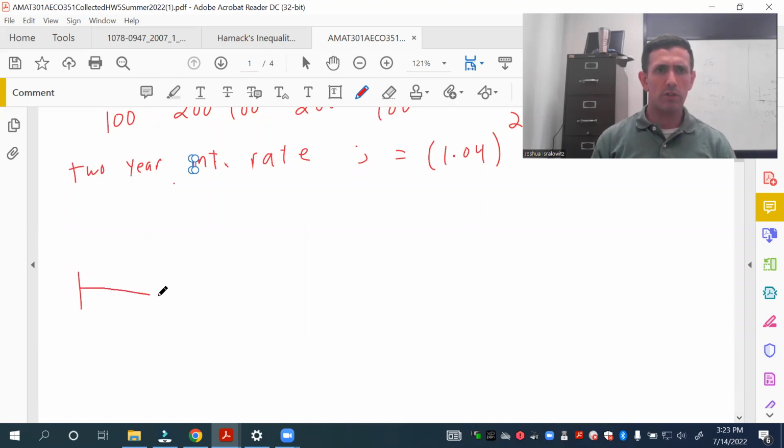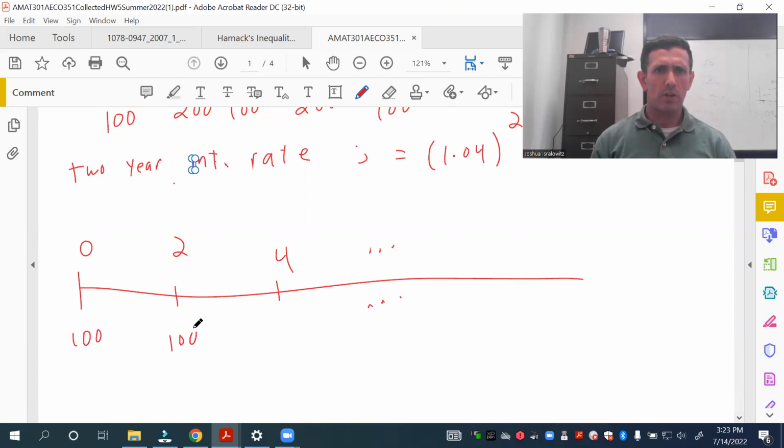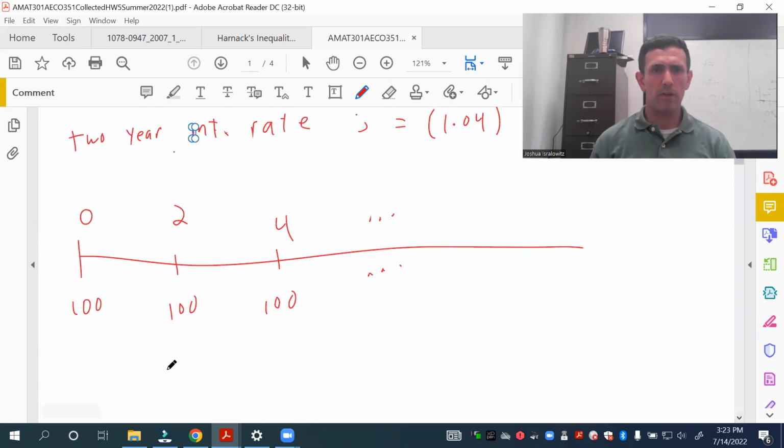It's a little easier, not that the 200 is particularly hard. So 0, 2, 4. Periods are every 2 years, with payments of 100 at the beginning of each period. The per period interest rate, the 2-year interest rate, is 0.0816, 8.16%.